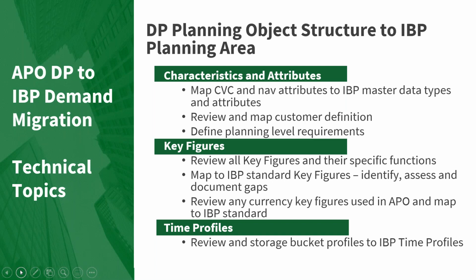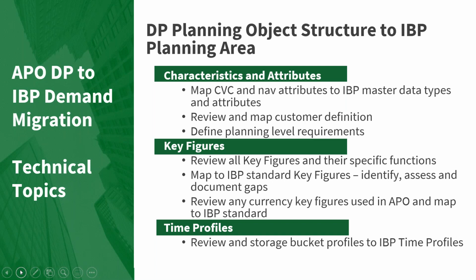When you're in demand planning, you have your planning at a specific level, whether that's the customer or the location or product groups, product families, etc. The infrastructure of using a planning level and how those integrate with the key figures is completely different within IBP.